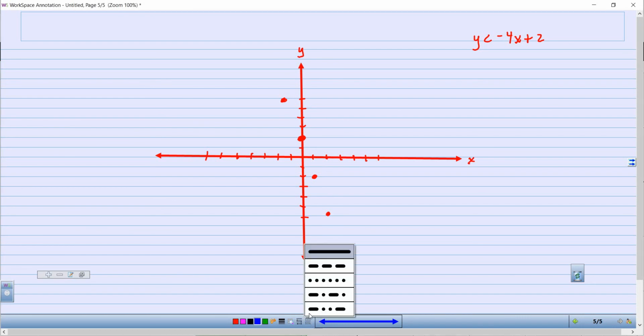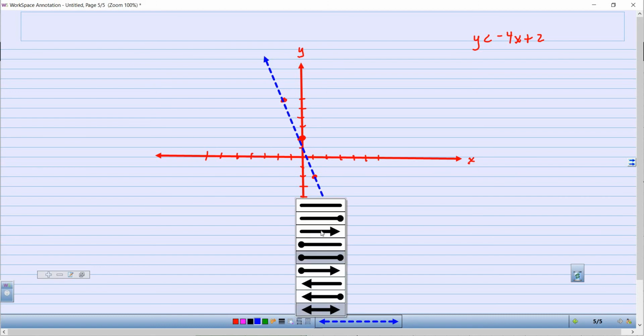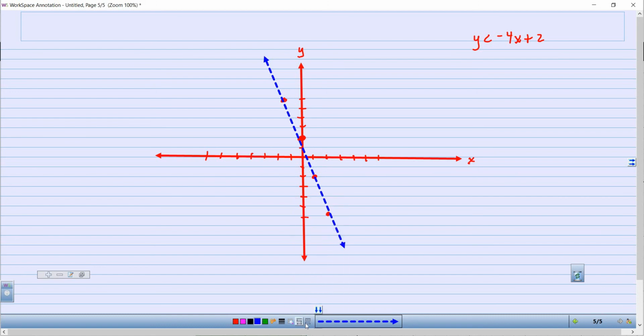Well, then I'm going to make that line a dashed line because it's not equal. And I'm going to find all the values that are less. Now, remember, the less than values go down from the line. So if I go vertically down from the line, it's going to be down here like this.